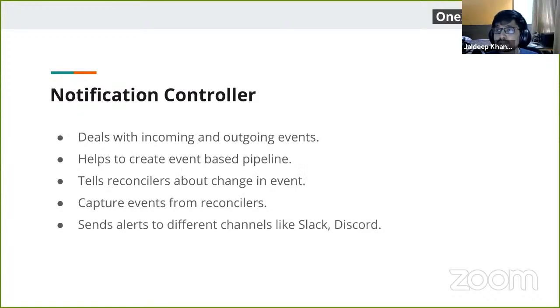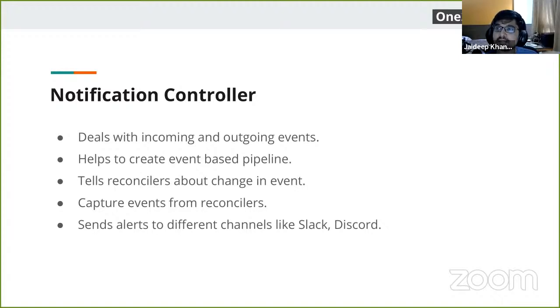Fourth is notification controller. Notification controller is not just for notification, by the way. What it primarily does is deal with incoming and outgoing events on the Kubernetes cluster. What we discussed previously is that GitOps supports a pull-based pipeline, but with notification controller, which has been recently released with Flux v2, you can create a push-based pipeline as well, an event-driven pipeline. So how does it do that?